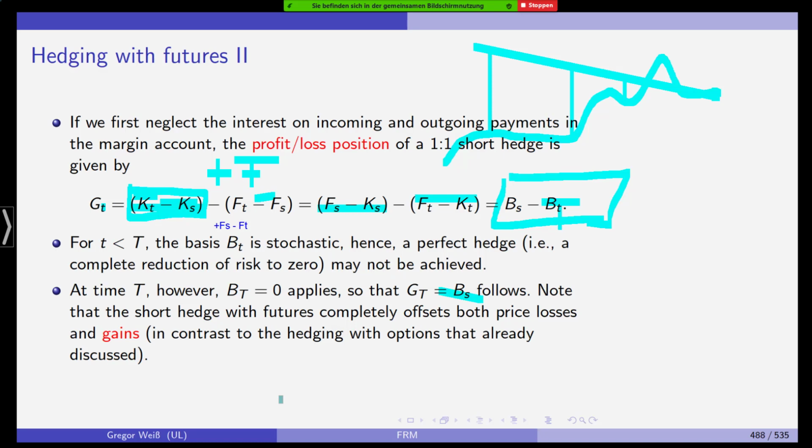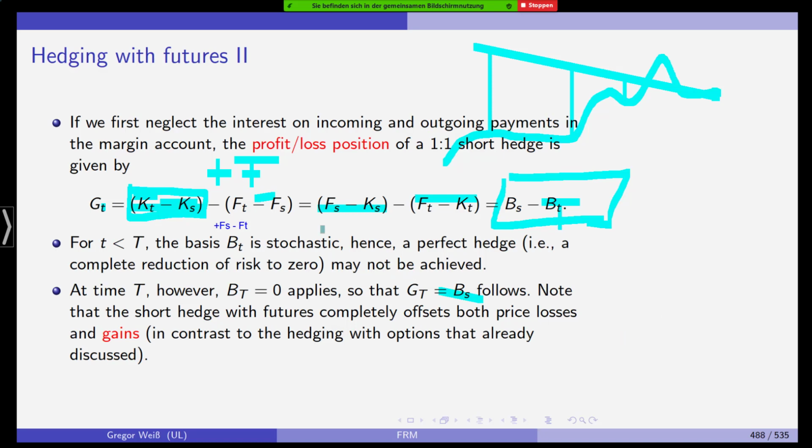If the underlying goes up €1 or down €1, the hedging instrument, the future, will go in the other direction, and in exactly this amount. So you don't have any chance of making a profit or a loss via the one-to-one short hedge. Now, why would you do this? It's quite simple. In many cases, you're not trying to speculate with this, but you're trying to hedge a position, for example, an underlying you need.